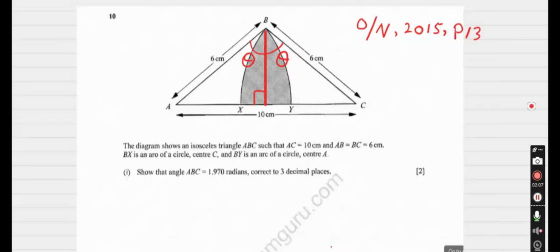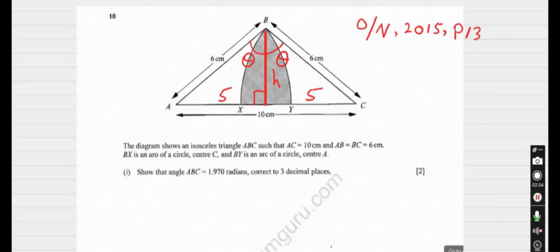That is, the length AC is 10, so this is 5 and 5. You can assign the name H to this perpendicular. Now we need to find theta and multiply by 2, and we will get the whole angle ABC.